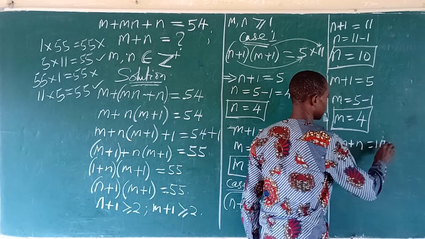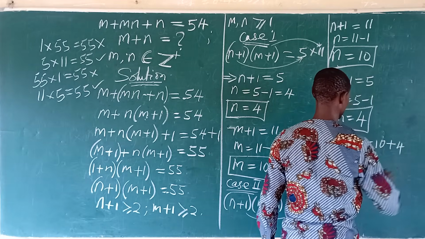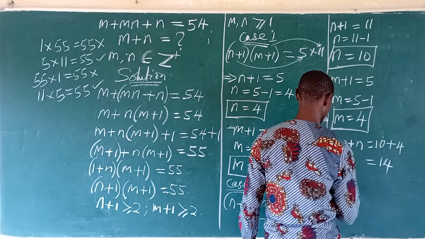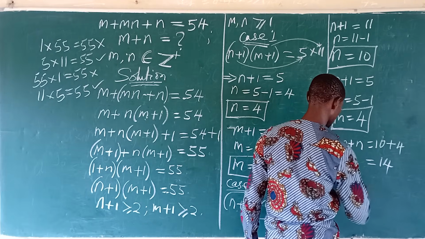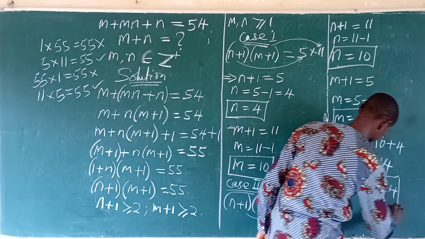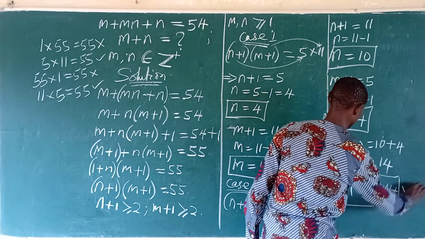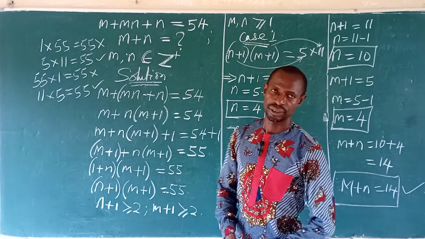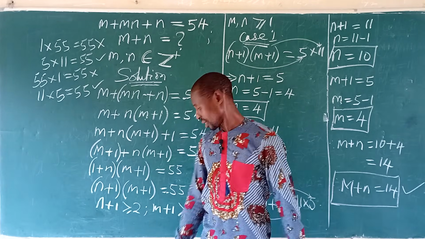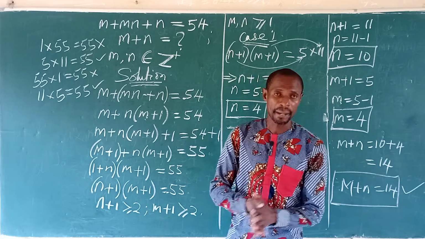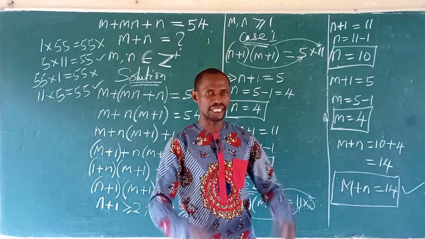We can say 10 plus 4. So that gives us 14. So therefore, m plus n is equal to 14 is the answer to this math challenge here. And if you check carefully, that is the answer. Okay? So this is how we solve challenges of this kind.